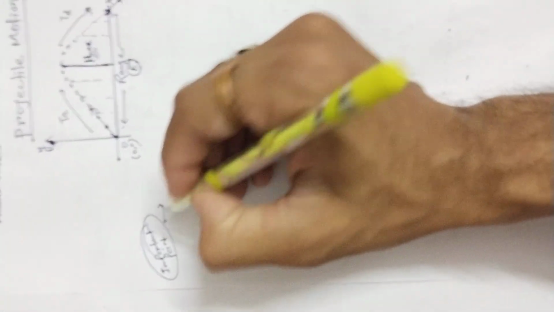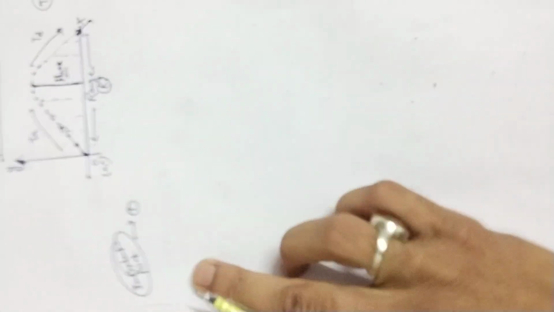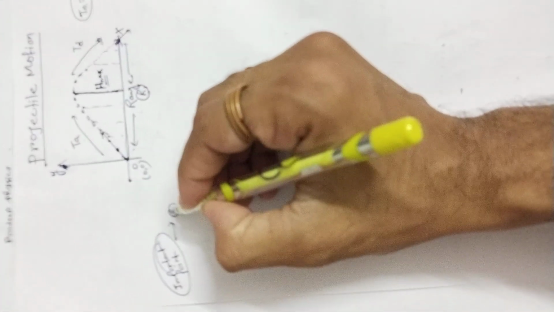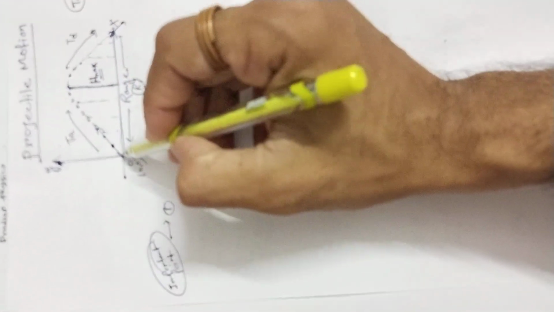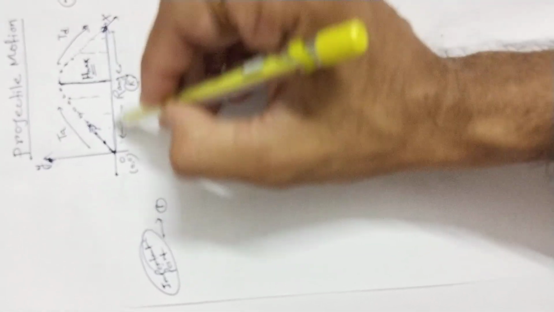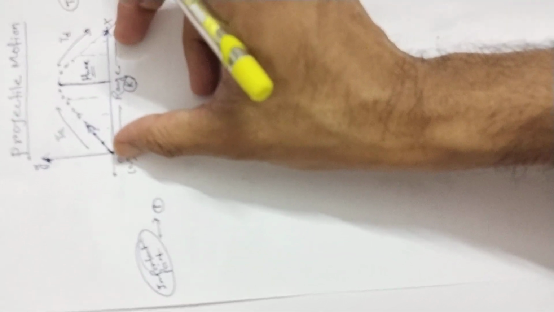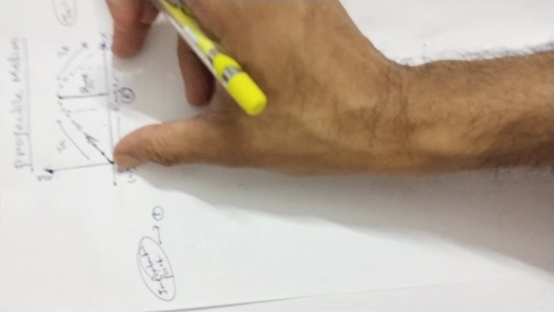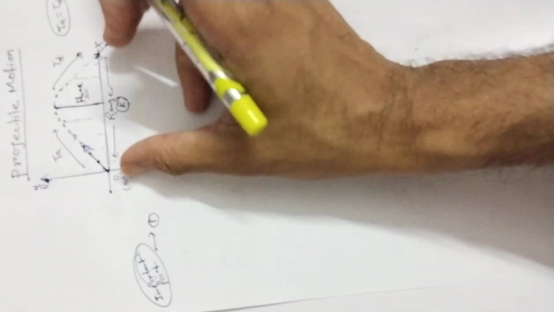What are the important points of projectile motion? Number one, if I throw the particle, it changes position and covers a distance or range over time. So the velocity and acceleration are also here.